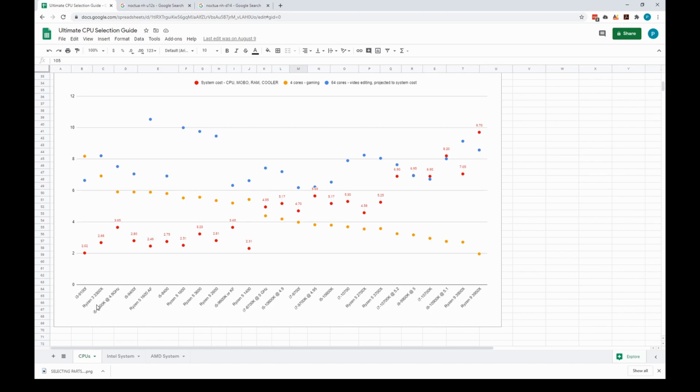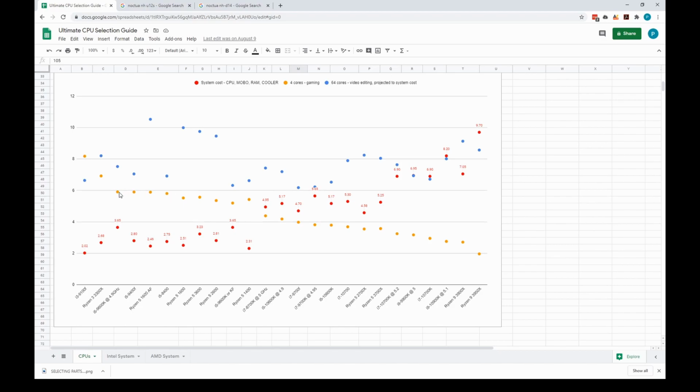If you were to stream or do chats in the background, you might want to consider a 6 cores 12 threads processor, or an 8 cores 8 threads processor, but it's going to be a different price range after that. So let's see here.